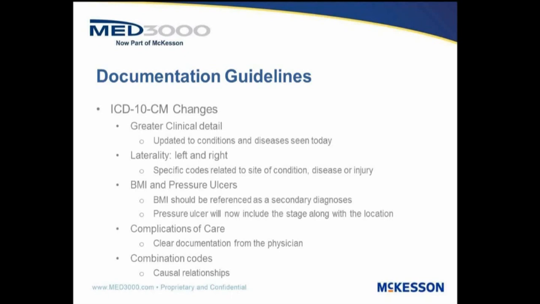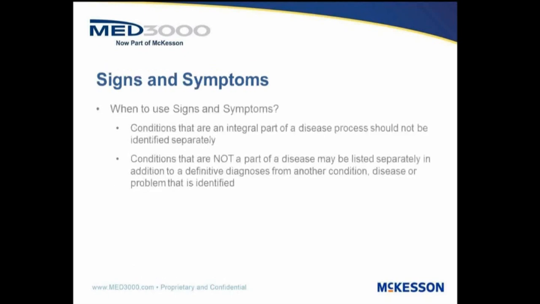Under BMI and pressure ulcers, the BMI should be referenced as a secondary diagnosis. Pressure ulcers will now include the stage along with the location when you're coding that. Under complications of care, there will need to be clear documentation from the physician. And as we have combination codes, there will be some causal relationships between those areas.